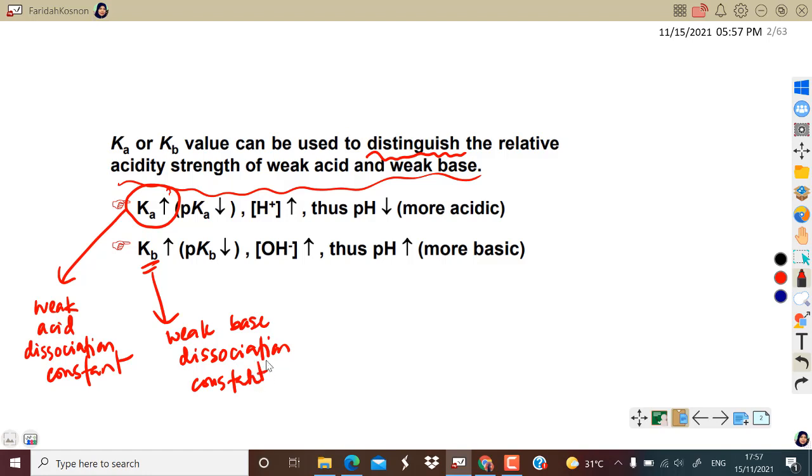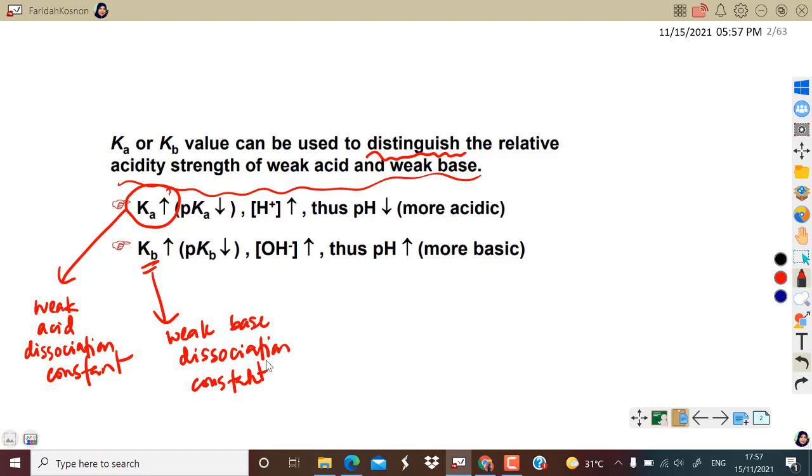Okay, so how are we going to use Ka and Kb values to compare the strength of acidity or basicity of a solution. Okay, jadi each acid, they have their own Ka values. Each base, dia mempunyai nilai Kb masing-masing.